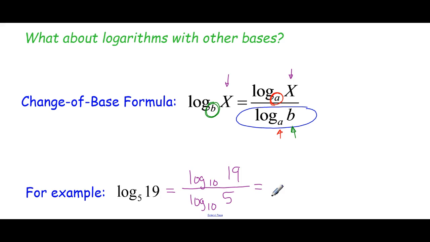Some calculators work differently than other calculators, and what I mean is, when you do a logarithm, some of them require you to press the 19 first and then press the logarithm button afterwards. Other calculators have you press the logarithm button first and then type in the 19 after that. So you may have to experiment on your calculator to figure out which way your calculator does the job. Go ahead and pause the video, see if you can work it out, and then I'll tell you what the answer comes out to be.